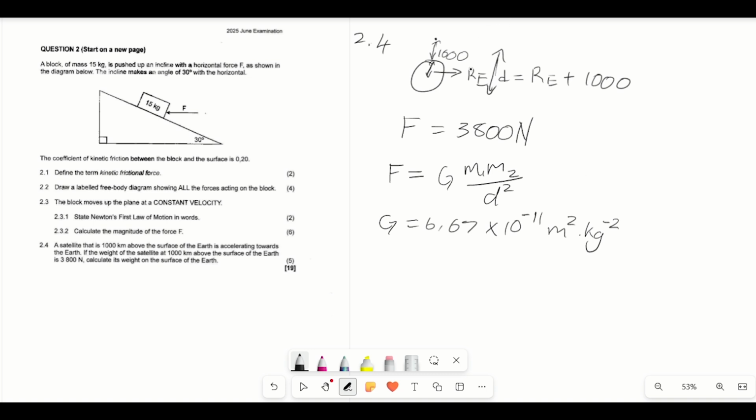If you ever wonder what units you should convert to, always look at this G variable, it'll remind you. So for mass, we're going to use kilograms. For distance, we're going to use meters.